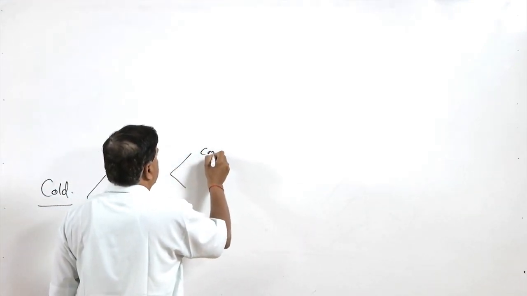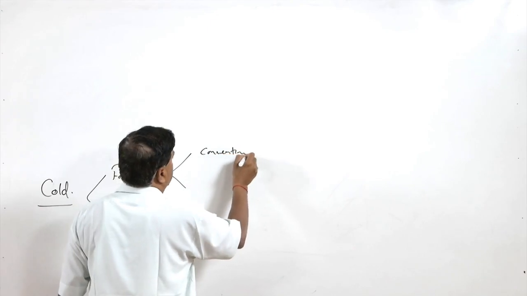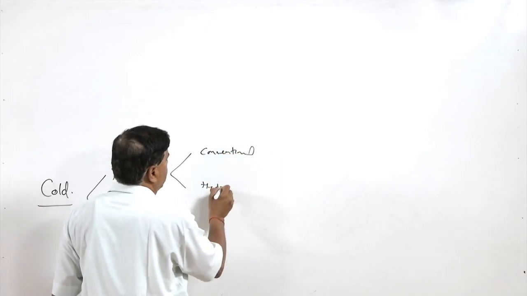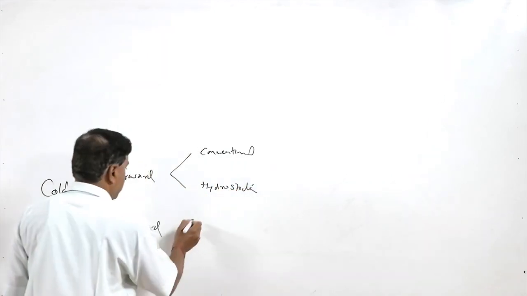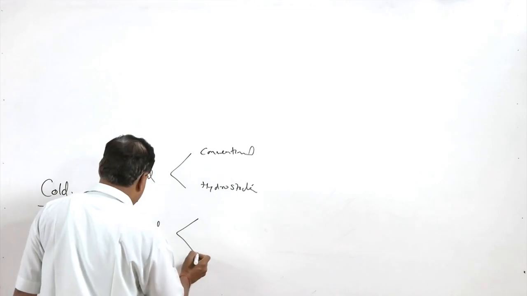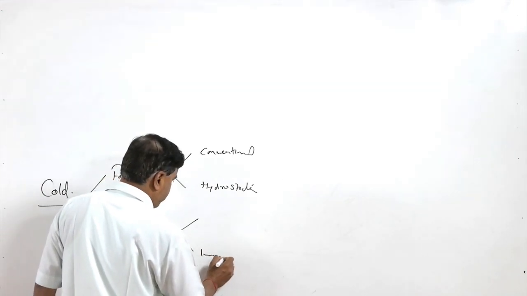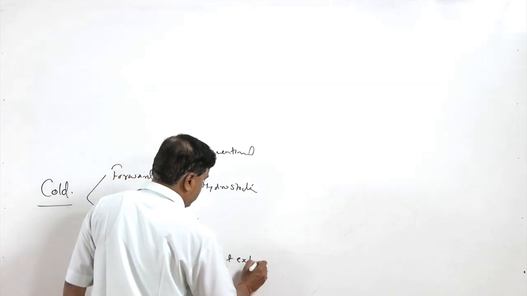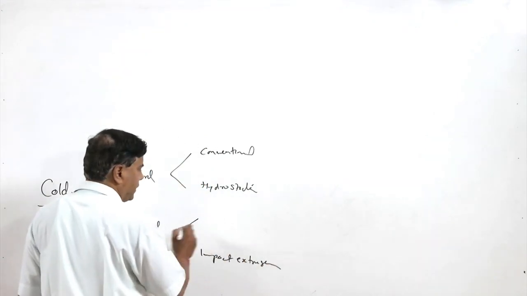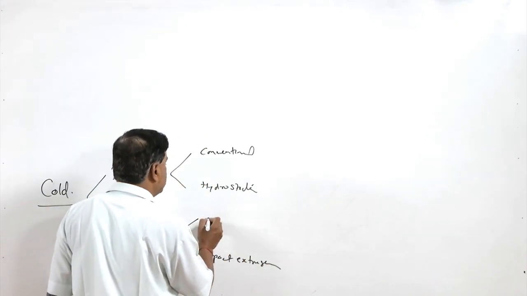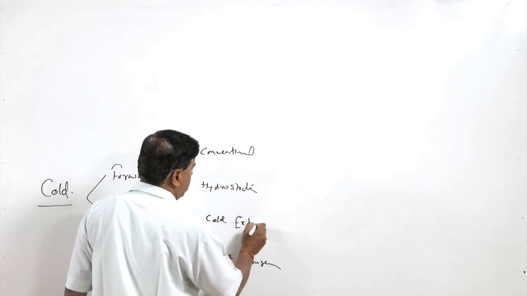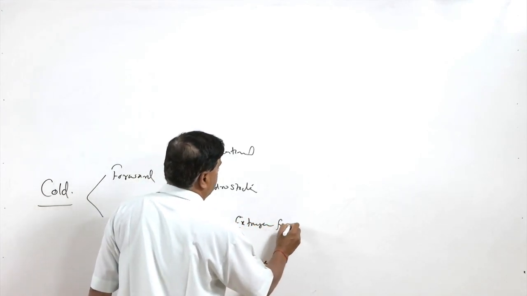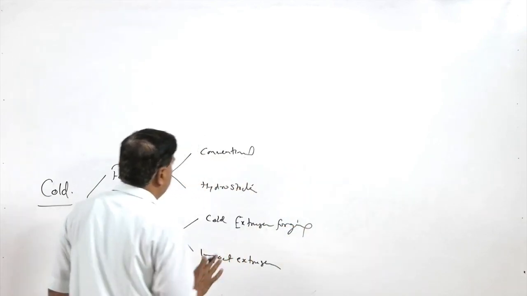One is the conventional forward extrusion and the hydrostatic extrusion in the cold category, and here one is impact extrusion, and another is the cold extrusion forging. So, these are the four processes.